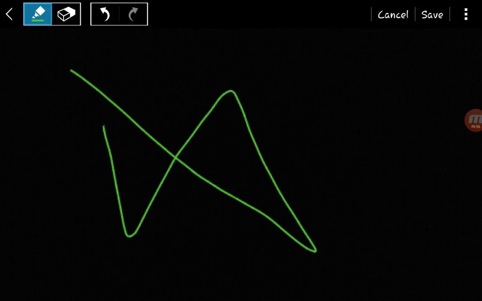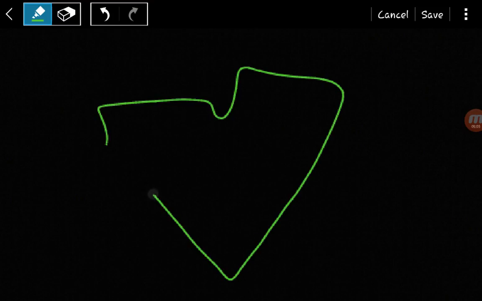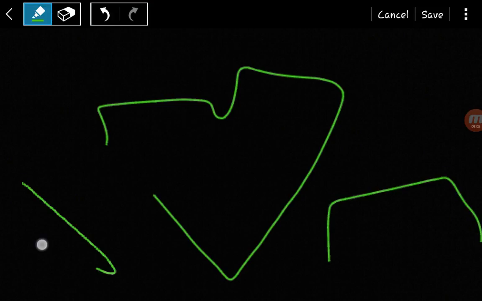An open figure is a figure that can't be traced with the same starting and stopping point. So, it's open like that. Or that is an open figure. This is an open figure, and that is an open figure.